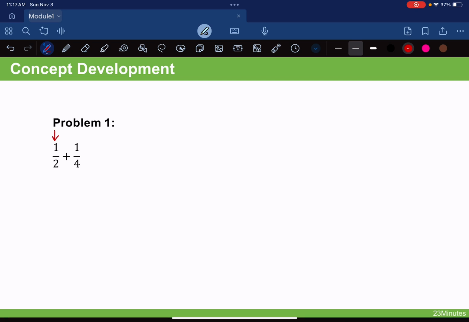So first we are going to work with 1/2. So I'm going to come over here and I'm going to draw a box. And I have 1, but I want to cut it into 1/2, or 2 parts, I guess to say.